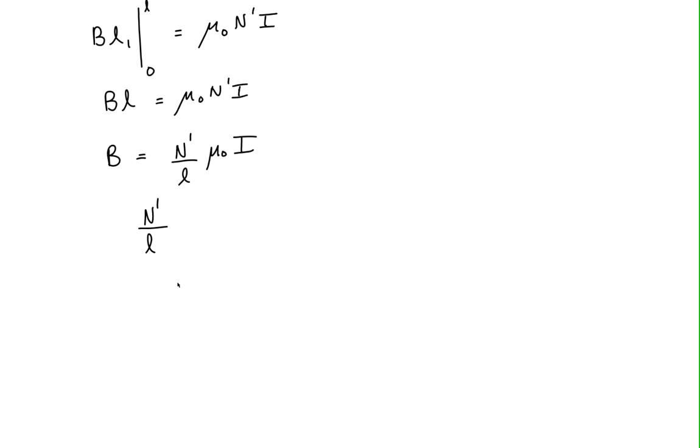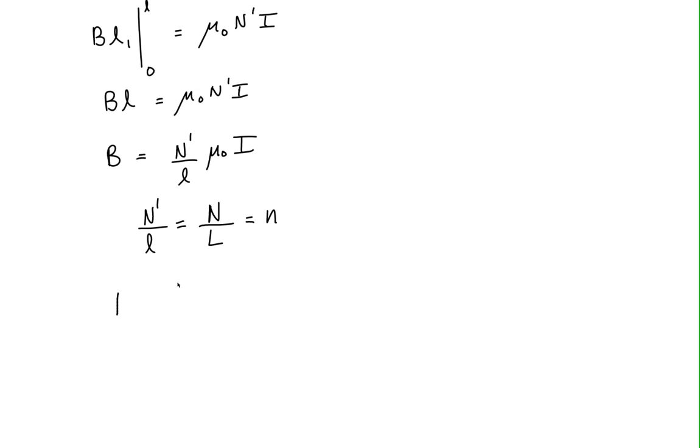And if the number of loops per unit length is constant, we could rewrite this loop density as being equal to the total number of loops in our solenoid over the total length of our solenoid, which can be defined or equal to the loop density, lowercase n.